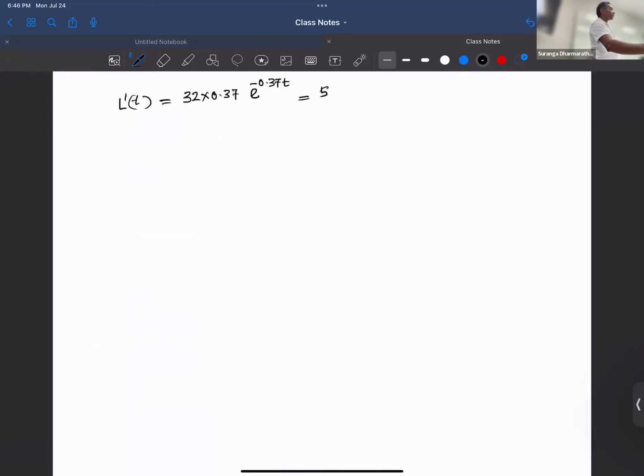At some point it should be equal to 5. Now we need to find what t is when it is equal to 5.